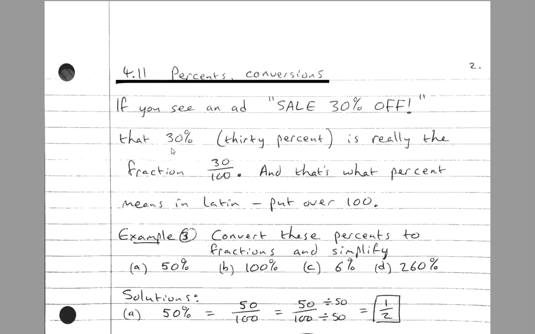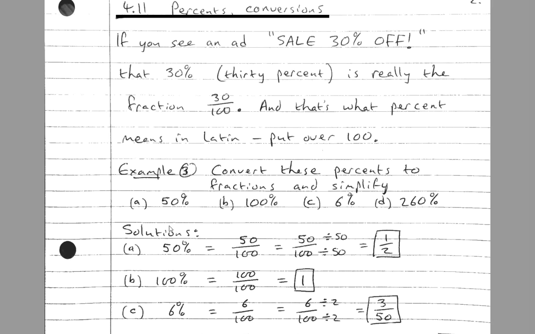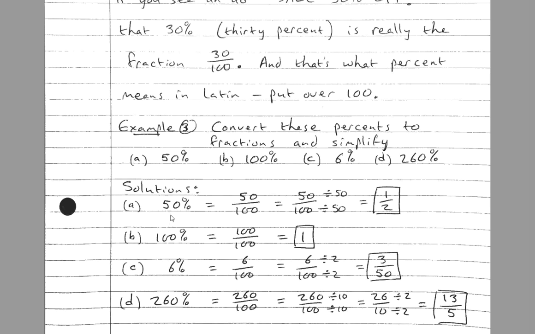So converting a percent into a fraction is easy. Example 3, convert these percents to fractions and then simplify. So we want the fractions in lowest terms. Part A, 50%. That means 50 over 100. So we're converting this percent into a number.